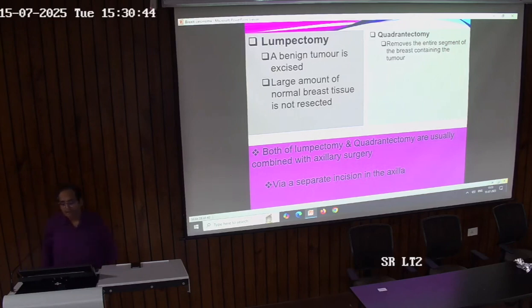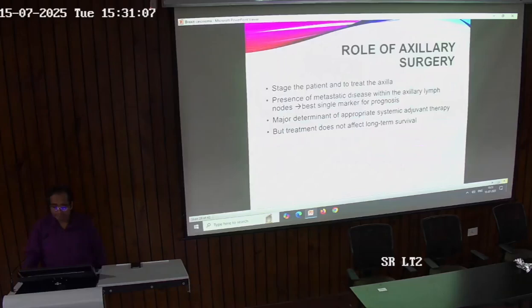In lumpectomy, a benign tumor is excised and a large amount of breast tissue is not resected, so it is under BCS. Quadrantectomy is removing the entire quadrant of the breast containing the tumor. In this, chances of BCS are less. Both the lumpectomy and quadrantectomy are usually combined with axillary surgery via a separate incision.